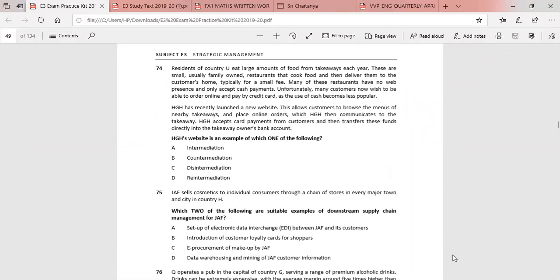74. Residents of country you eat large amounts of food from takeaways each year. These are small, usually family-owned restaurants that cook food and then deliver them to the customer's home, typically for a small fee. Many of these restaurants have no web presence and only accept cash payments. Unfortunately, many customers now wish to be able to order online and pay by credit card as the use of cash becomes less popular.